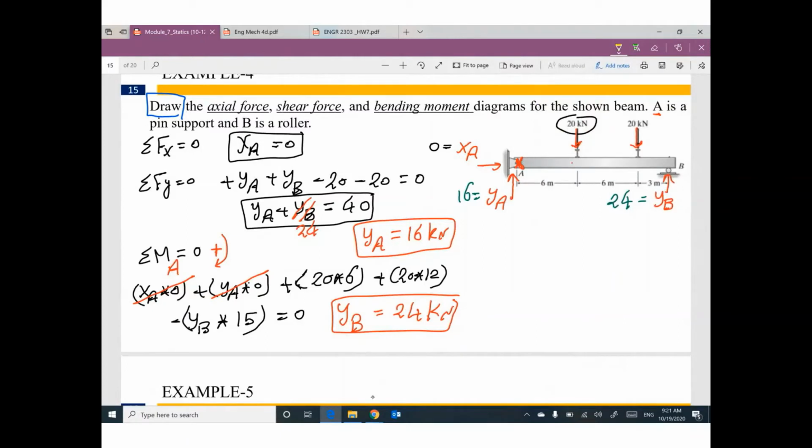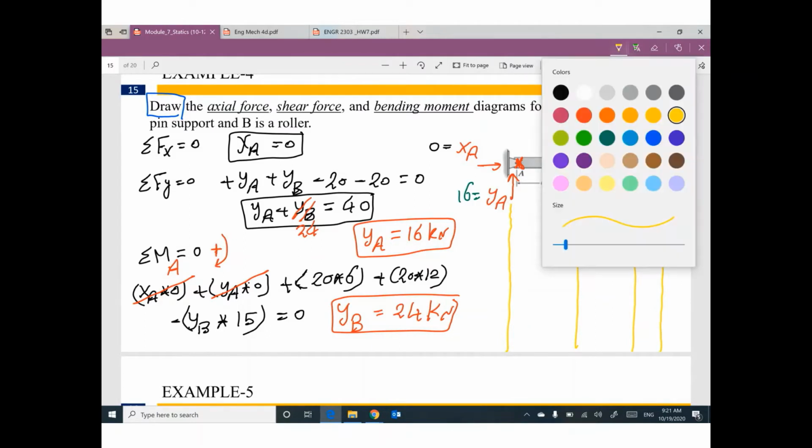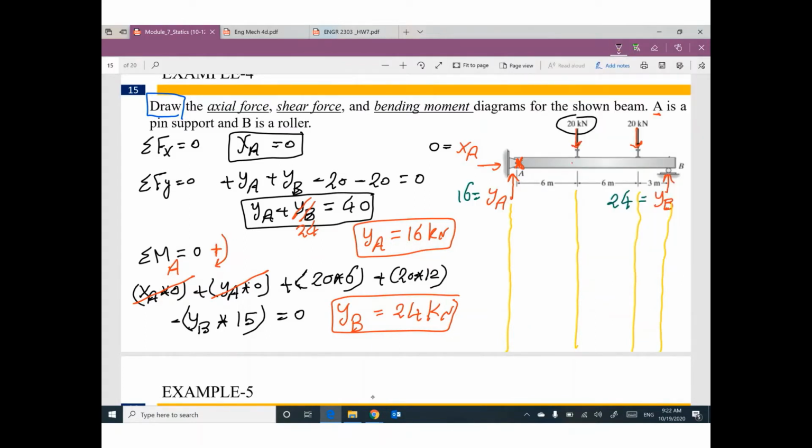You will draw vertical lines like this, like this, like this, and like this at any location on the beam. Then I'm going to draw 3 copies of this beam. The first one will be for a normal force diagram. The second one will be for the shear force diagram.